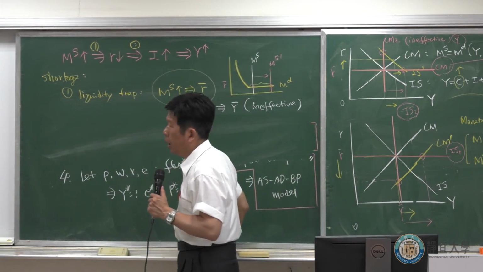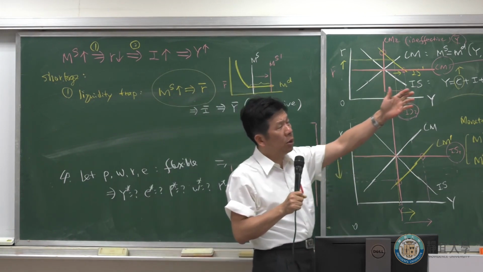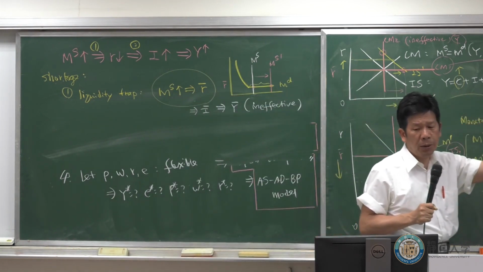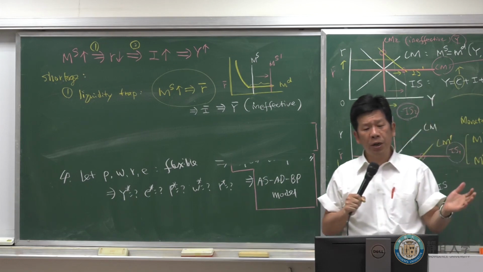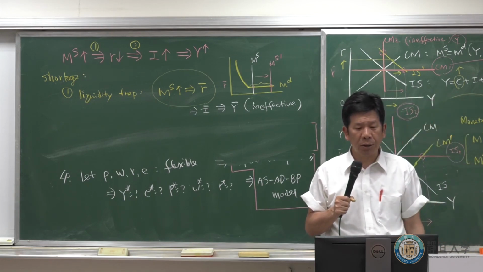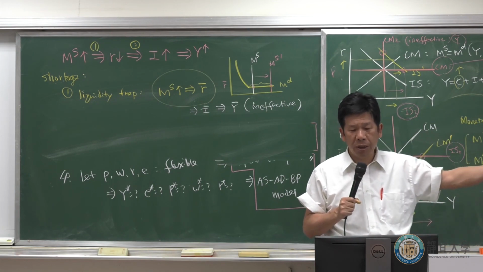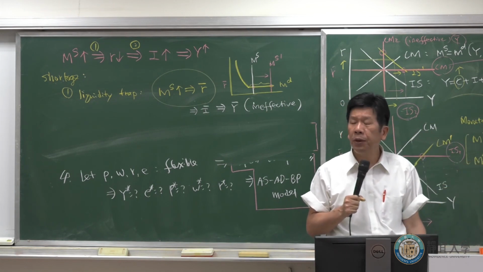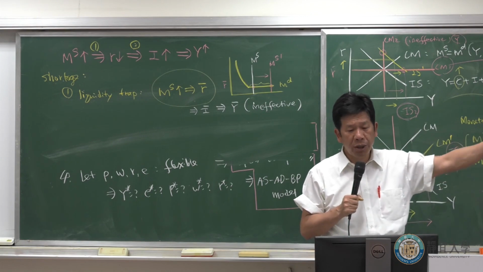Here you can look at what we call the liquidity trap. Two extreme cases arise when discussing the effect of monetary policy on the economy. The first is the liquidity trap.